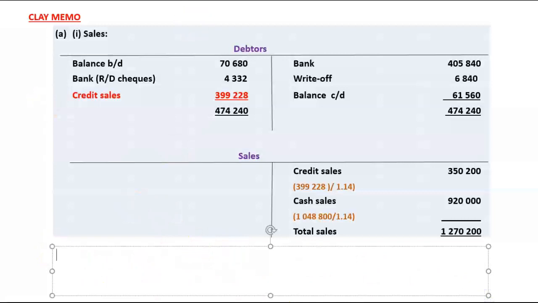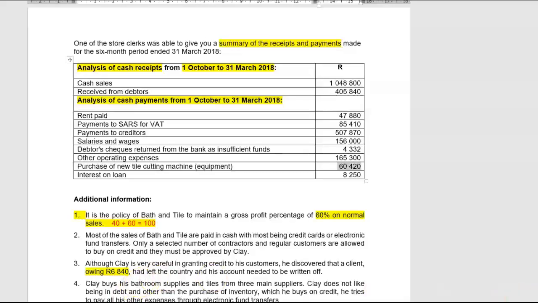Now remember, they have the formula to calculate cost of sales on. So if you have our total sales figure, which is 1,270,200, that figure there, the total there. And we say, well, let's take out here the sales which was not subject to our normal gross profit percentage.